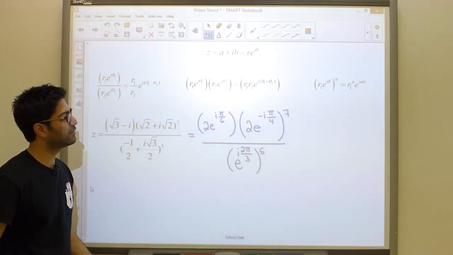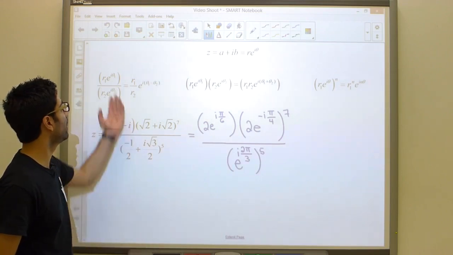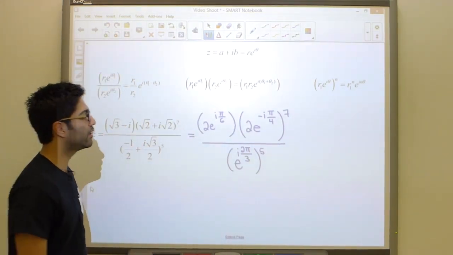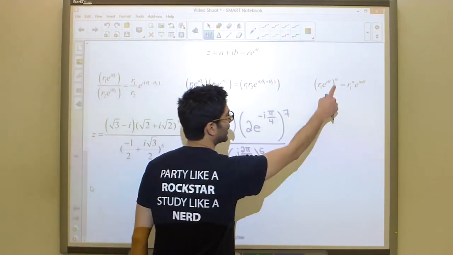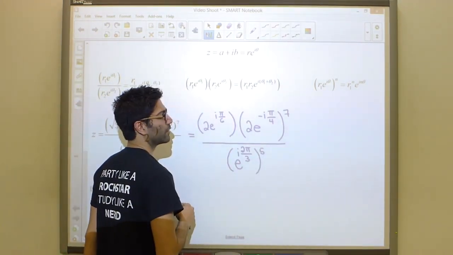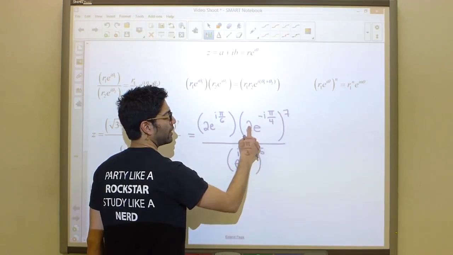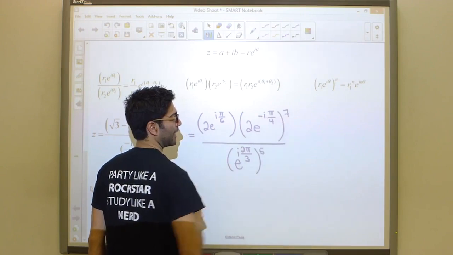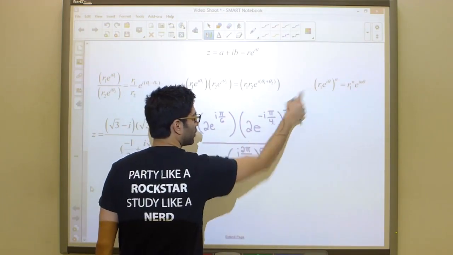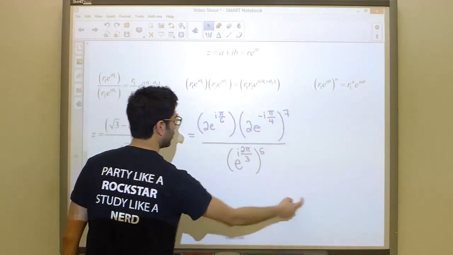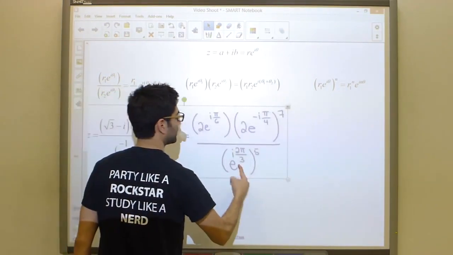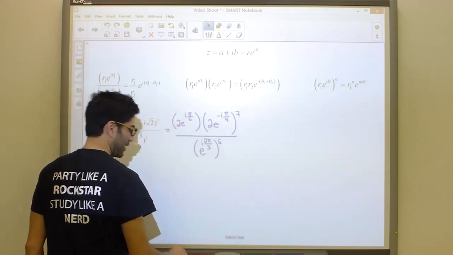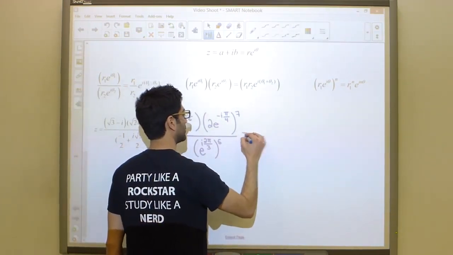Now simply ask yourself, which one of these rules can you apply? Over here, we will notice that we can apply this one right there. If you have an outside power, your number gets raised to the power and your angle gets multiplied by that power. So I want to apply this rule both here and here. Let's do that. If I apply this rule, I will get the following.